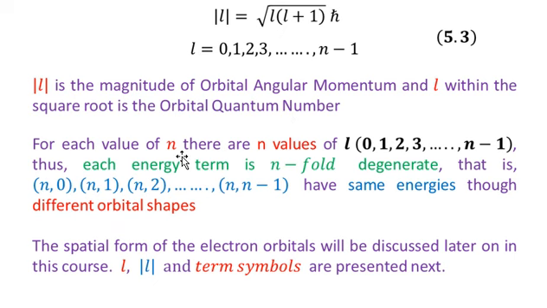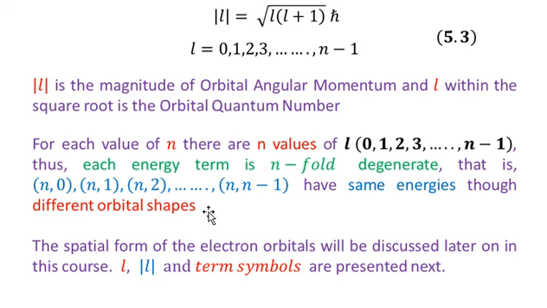For each value of n, there are n values of L. That is, there are n values of the orbital quantum number, going from 0, then 1, 2, 3, and so on up to n minus 1. Thus, each energy term is n-fold degenerate. That is, for a principal quantum number n, there are n-fold degenerate values, for example (n,0), (n,1), (n,2), and so on up to (n,n minus 1).